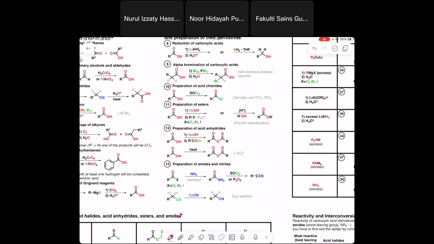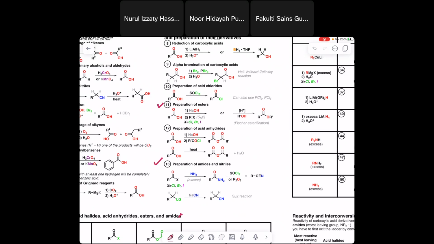So tadi kita dah settlekan how do we prepare our ester sebelah ni. So usually kita buat from acid ataupun kita boleh buat daripada base dan kita react dengan our alkyl halide. SN2 you dapat your ester, ataupun kita buat Fischer esterification with alcohol in the presence of acid you get your ester, Fischer esterification.